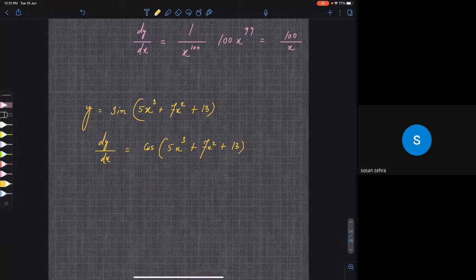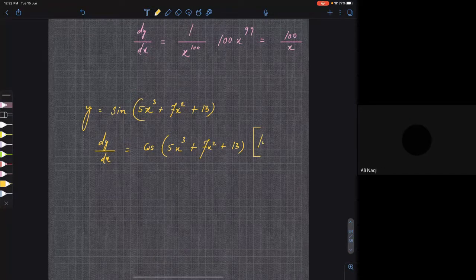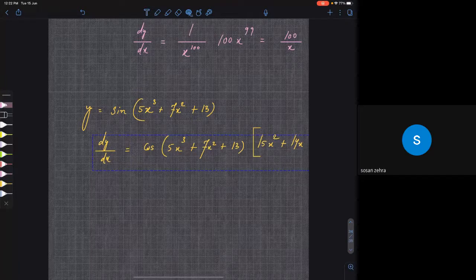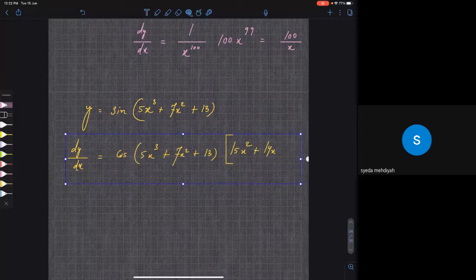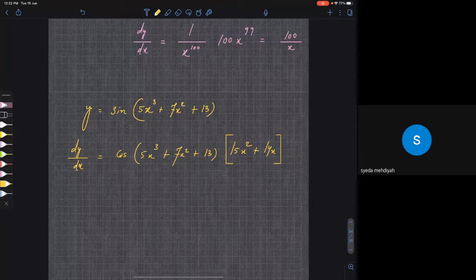Now, because in place of x there is something else, I'll take the derivative of that and multiply. What is the derivative of 5x cube? 15x square, plus 14x, and 13's derivative is 0, so I'll just leave it. So basically this is your answer.